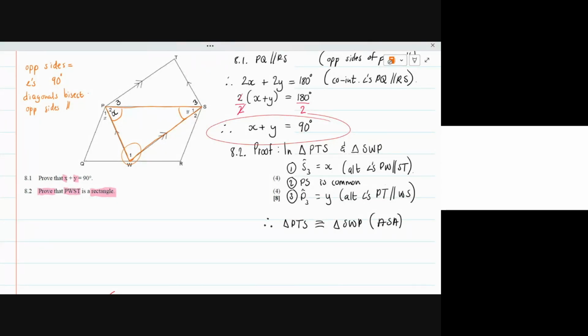If x plus y are 90 degrees together, this one must then also be 90 degrees. Are we in agreement? Does that make sense? Who's a little lost? Who needs me to explain again?